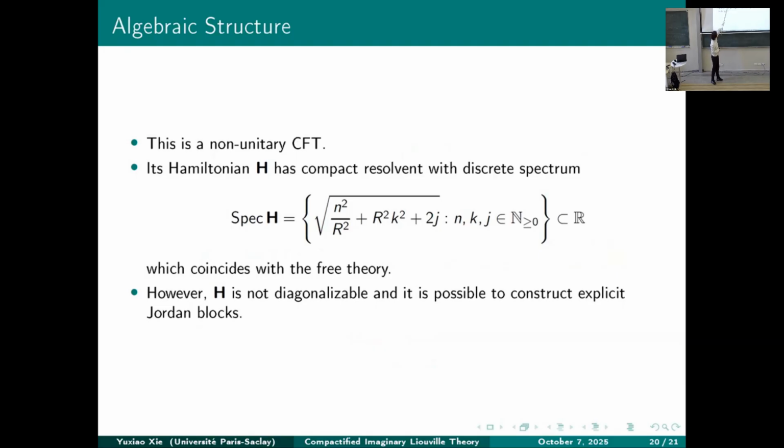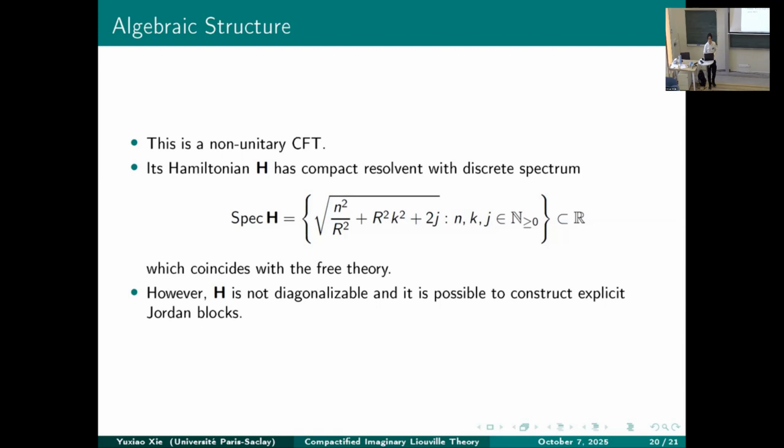You can show that this operator has compact resolvent with an explicit spectrum, which is discrete and real. So this is non-unitary, but its spectrum is real. And the spectrum is the same as the free theory, where you put mu to be 0. So putting this mu makes your whole theory a lot more complicated, but it doesn't really change the spectrum of your theory. And then finally, you can show that this operator is not diagonalizable.